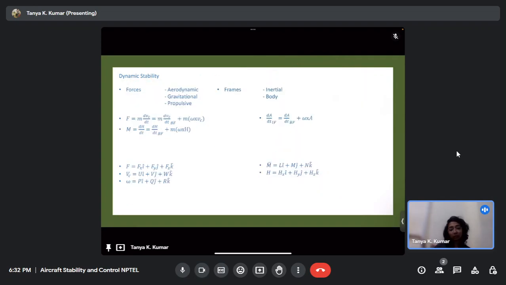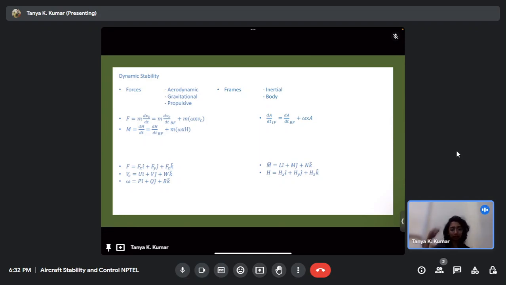Then we saw the forces that we have taken into consideration. We have three kinds of forces: aerodynamic, gravitational, and propulsive. What were the aerodynamic forces? I remember asking this in the last session as well, and none of you replied.